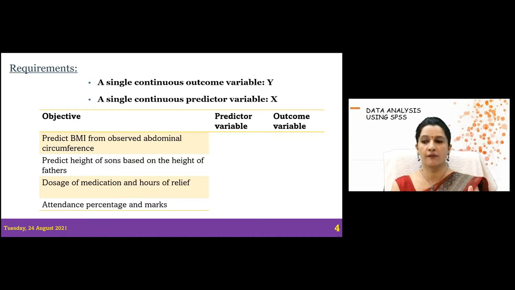Now you have to answer me in the chat box. My first objective is to predict body mass index from observed abdominal circumference. Please write in the chat box what the predictor variable is in this case and what the outcome variable is.